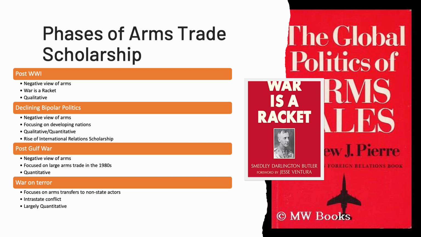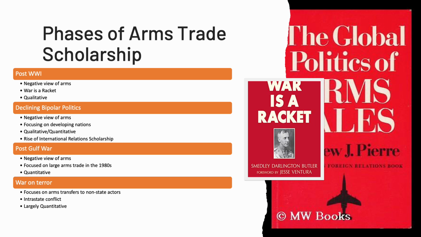Yes, arms manufacturers did profit from the war, but that does not mean they kept the war going directly. But you still saw a big wave of very pessimistic, anti-arms trade scholarship come out at this time.